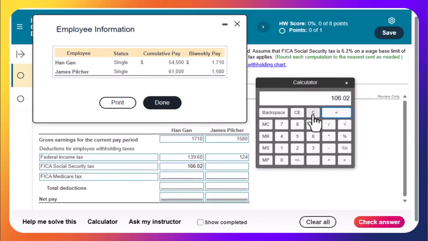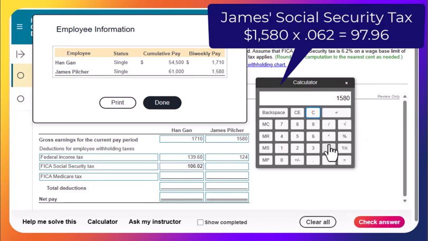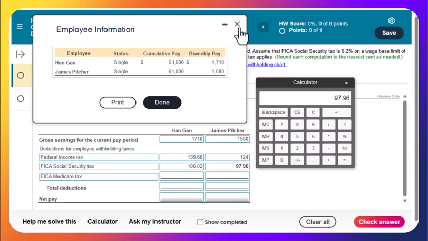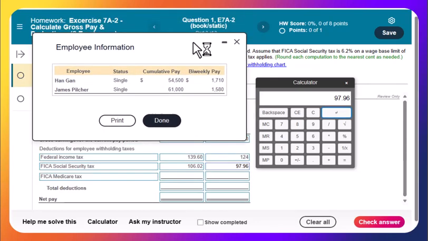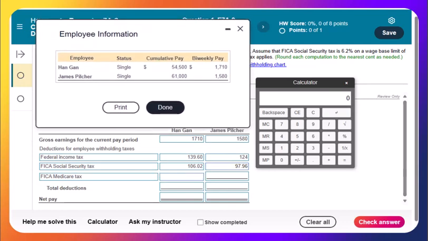Then we can clear out here for James and take his 1580 and again multiply that by 0.062 for that Social Security tax rate for 97.96. And we can go ahead and enter that here. And then as for our Medicare tax, let's have a look back here. There is no wage base limit for that. So let's go ahead and calculate the Medicare tax here for each, and there is no wage base for Medicare.